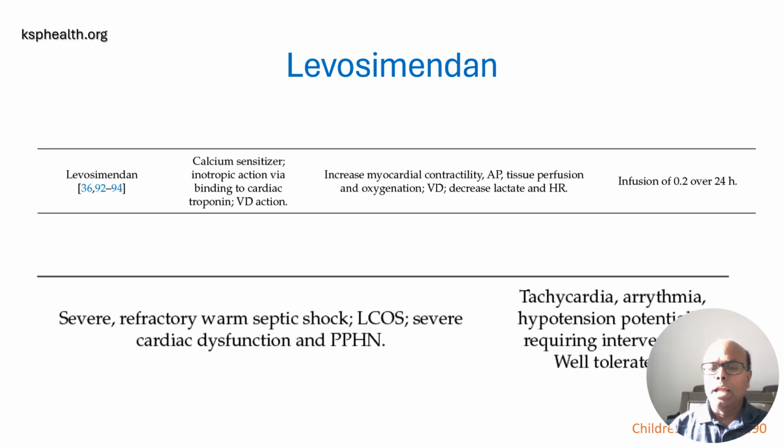The side effects are tachycardia, arrhythmias, hypotension, potentially requiring interventions. It is well tolerated, but I need to emphasize the current guidelines in adult septic shock. They recommend against using levosimendan because it did not have any mortality benefit when compared to other vasoactive agents.